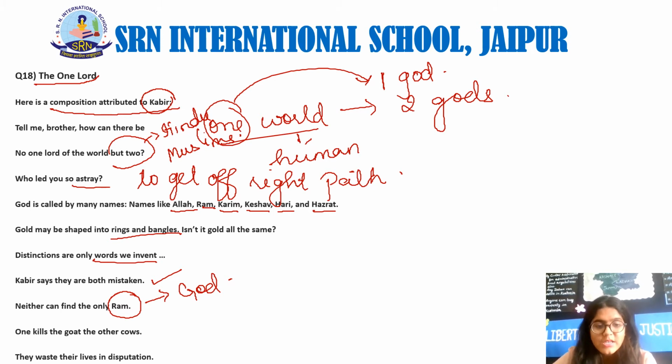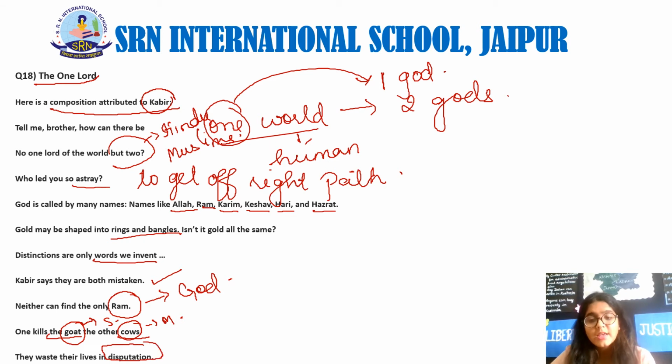They both are sinners. They are killing the goat as well as cows, and that is why, you can say, goats are basically used for sacrifices in India by the Hindu community, and cows are killed by Muslim people. So I am not pointing out any community. It is what is given by Kabirji. They waste their lives in disputation.